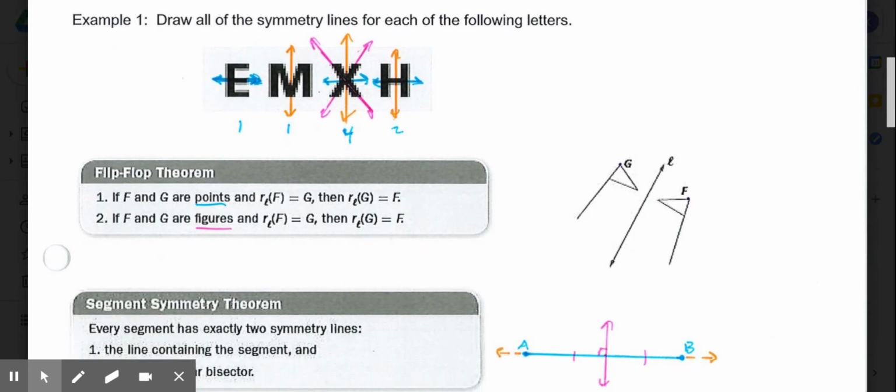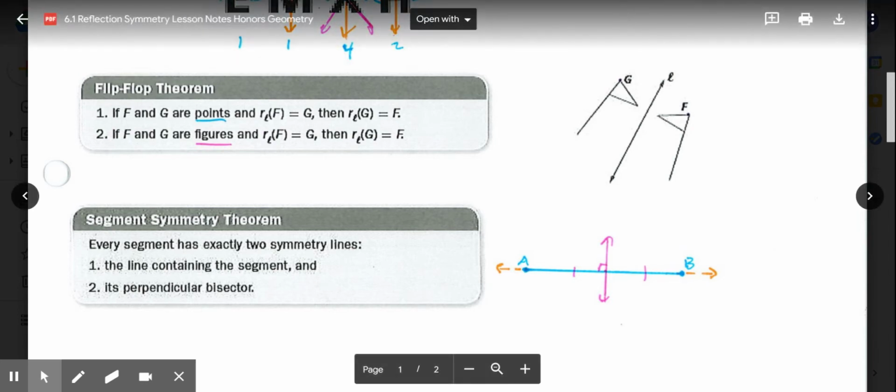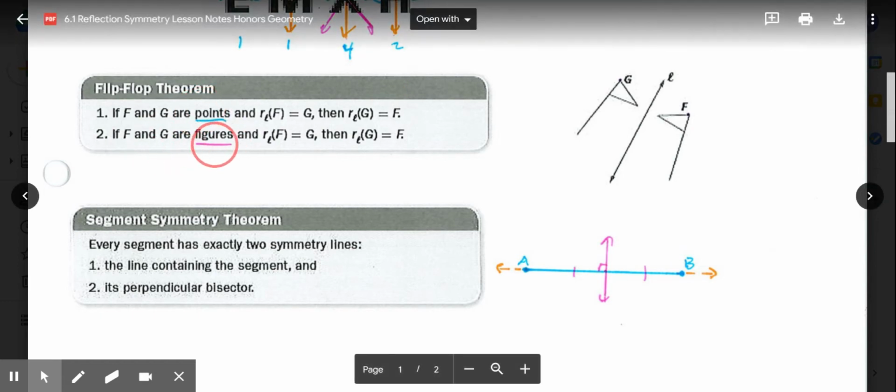Our next theorem is known as the flip-flop theorem, which simply says if F and G are points, and F is reflected over line L, resulting in G, then G reflected over line L would result in F. So it works for points, it also works for figures.